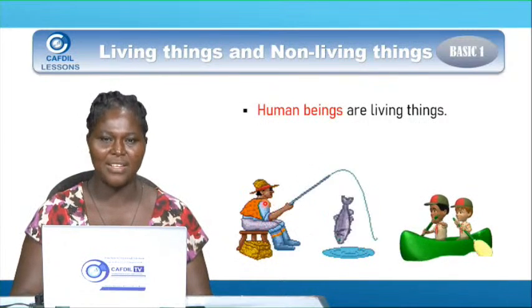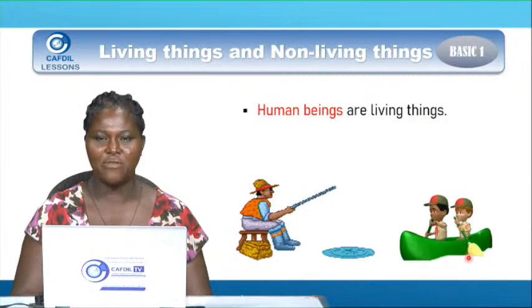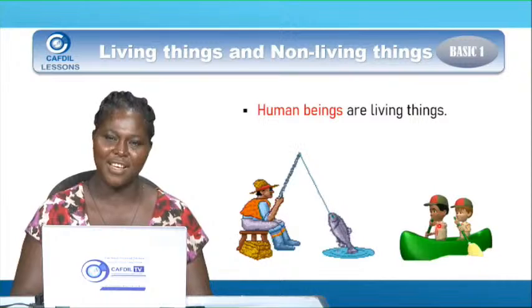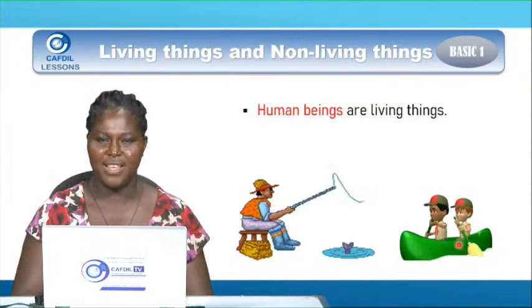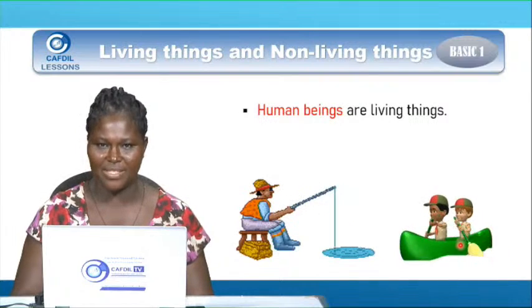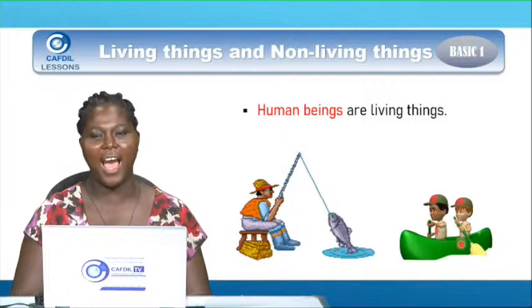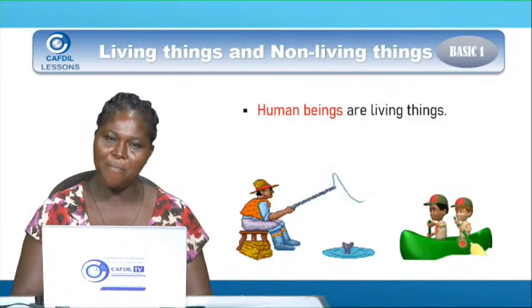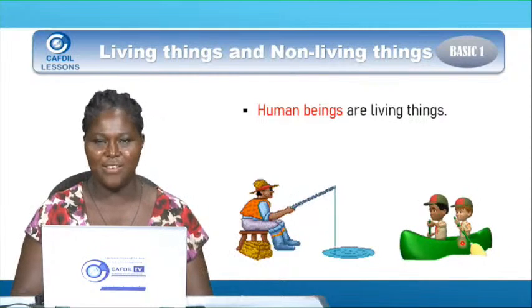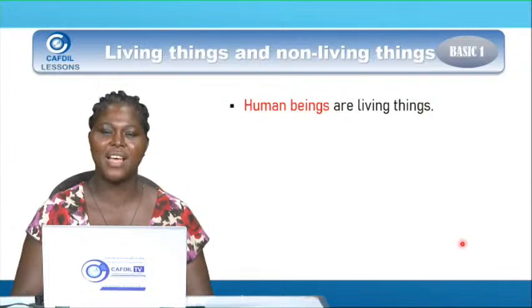So the man is a human being. Now we have two boys in the canoe. So the two boys are also human beings, and they are living things. Let's all say it. Human beings are living things. Good.